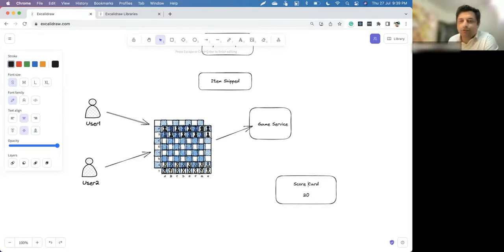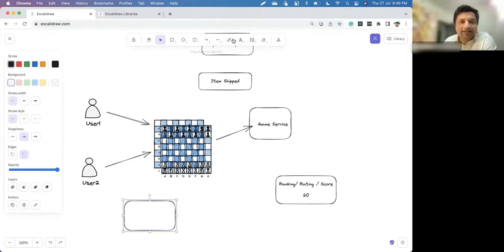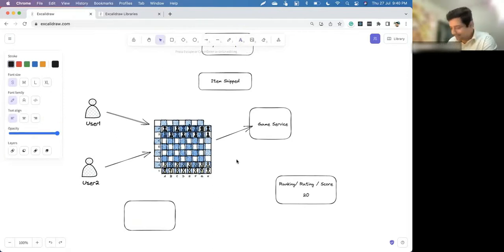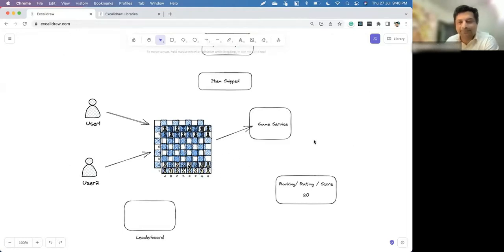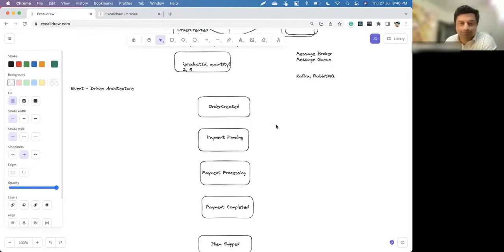Or it could be scorecard or rating service. You can call this ranking or rating or score, anything, whatever is the kind of game. You may also have a leaderboard right here. Leaderboard will display the top 10 leaders, maybe top 10 players ranking of players who have won most games. So what you can do is you can again implement this as an event queue, right?